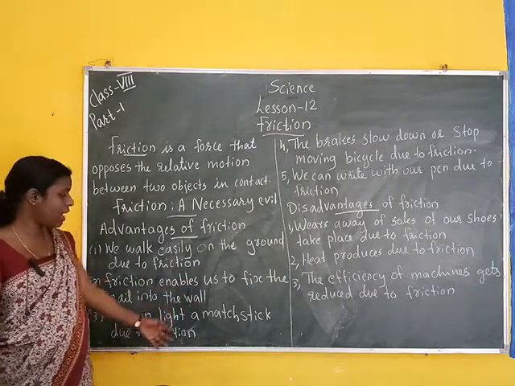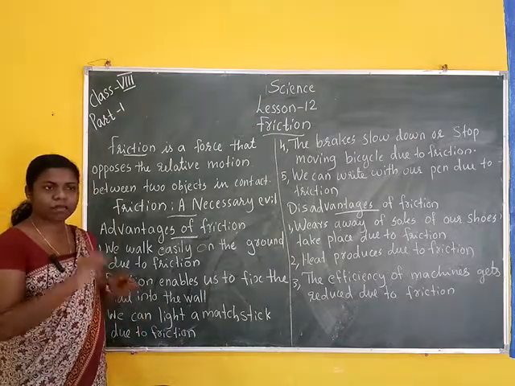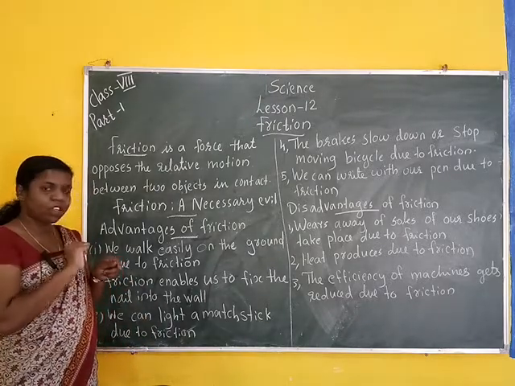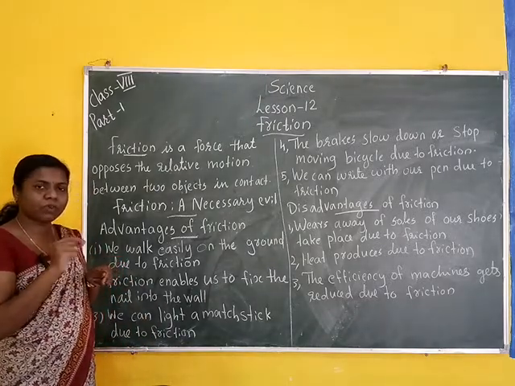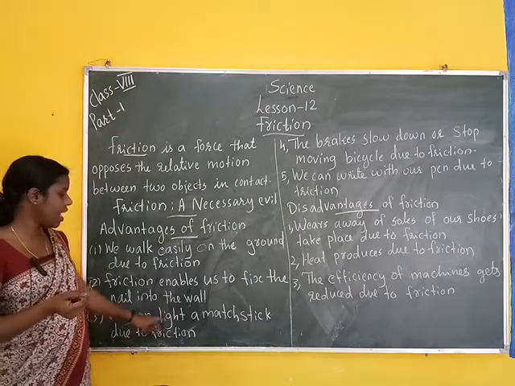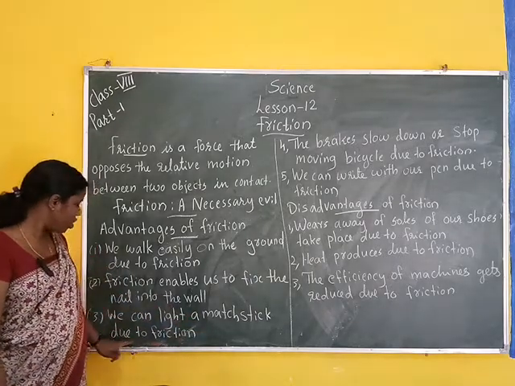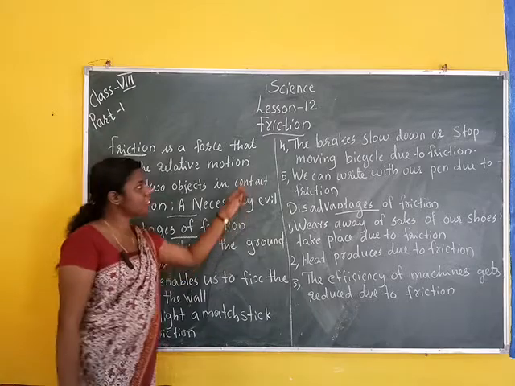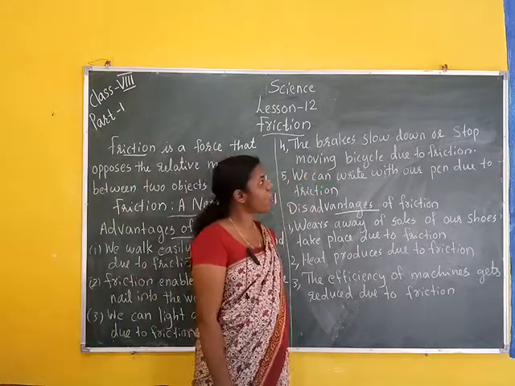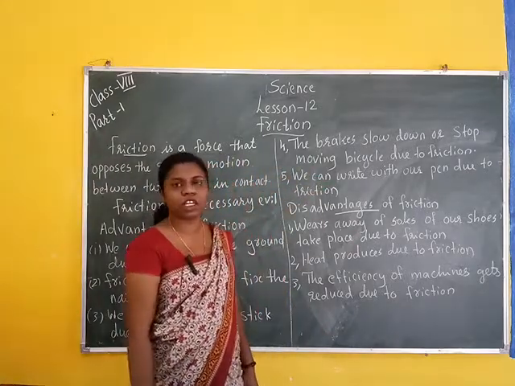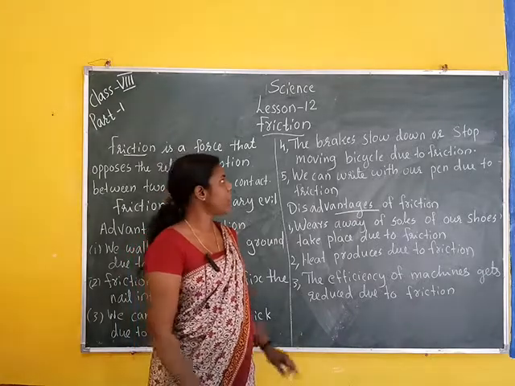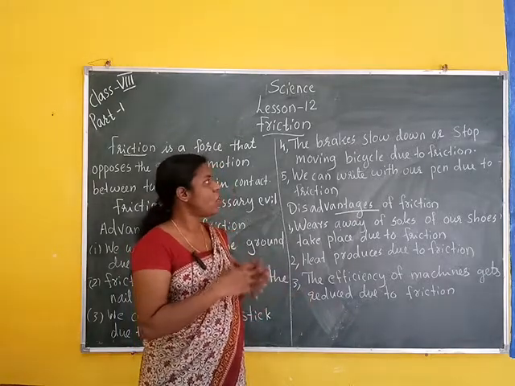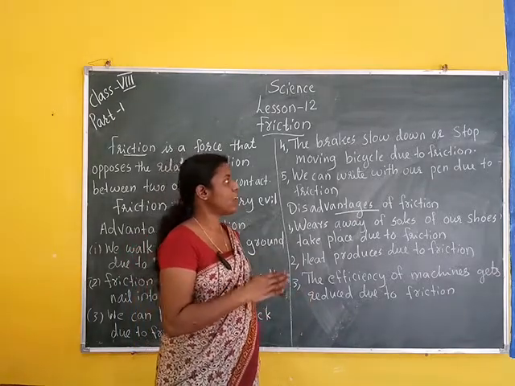We can light a matchstick due to friction, because rubbing the matchstick against the box produces heat. The brakes slow down or stop a moving bicycle due to friction.